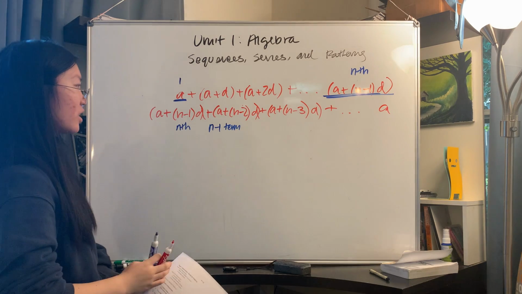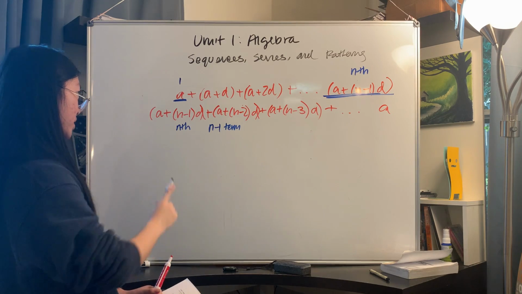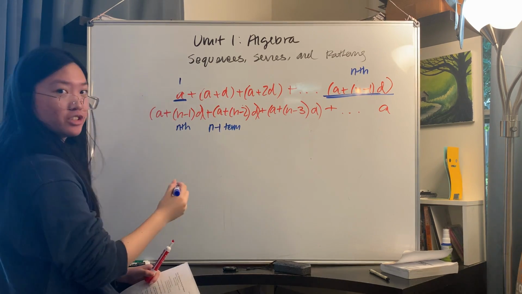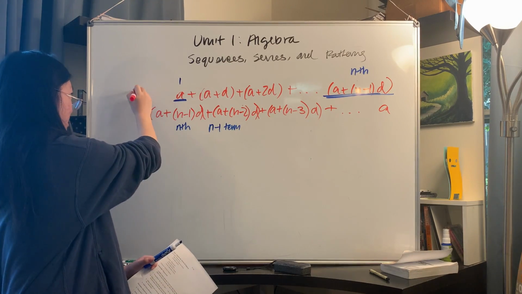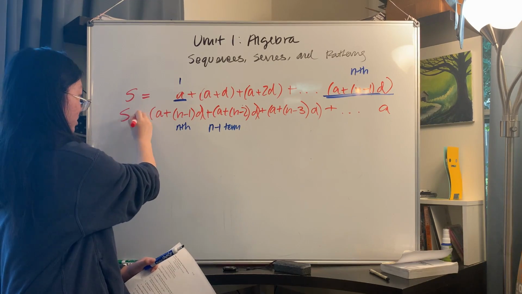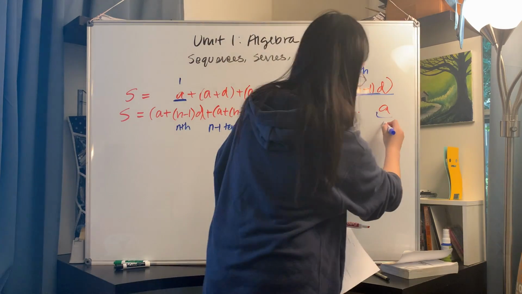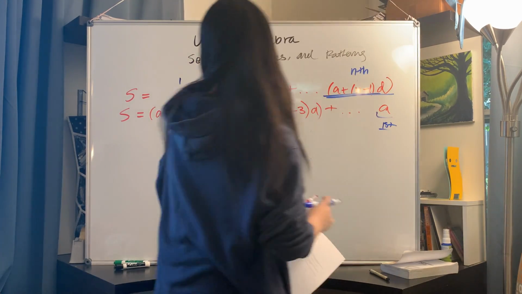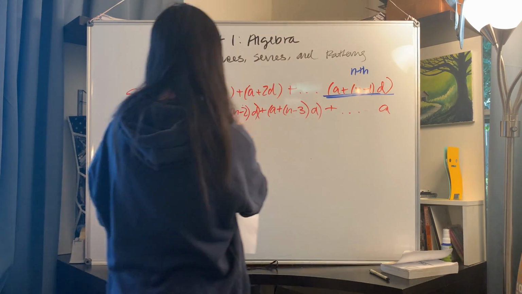And so the reason why I wrote this backwards is because we are going to be adding these two series together. So S is equal to this, S is also equal to this. Oh, this is the first term. So how do we add these two things together?